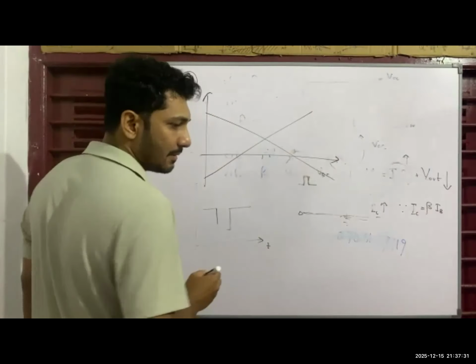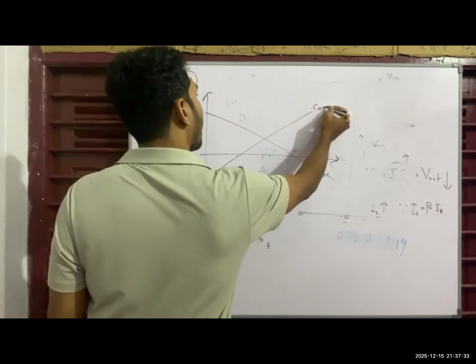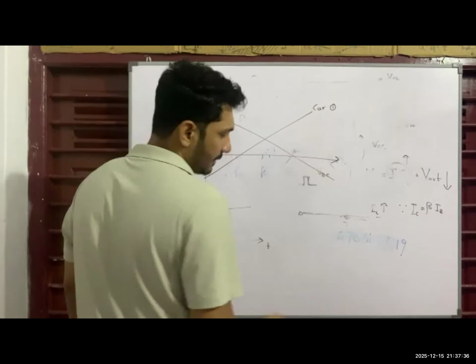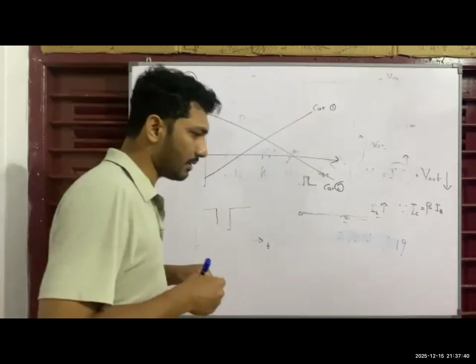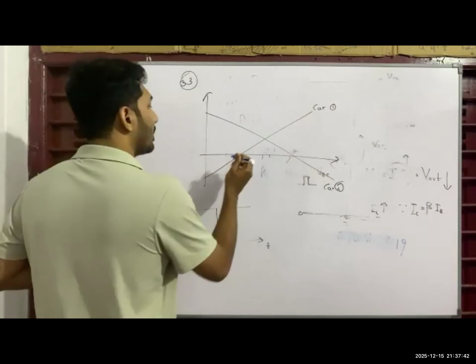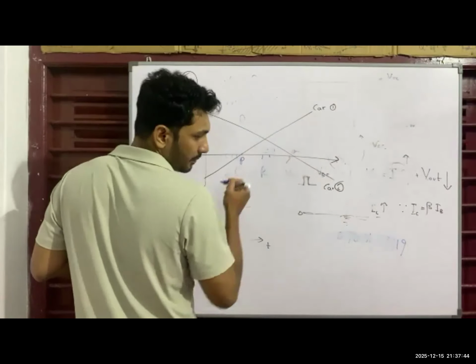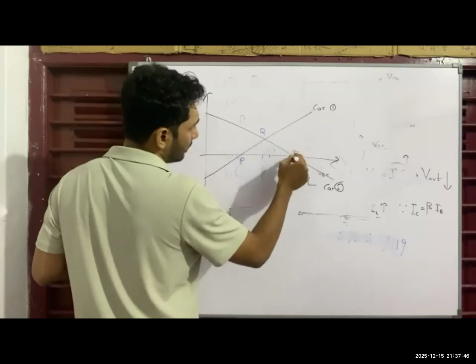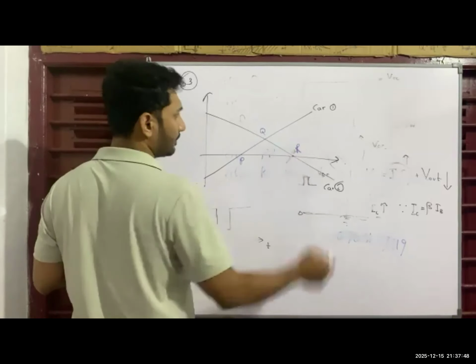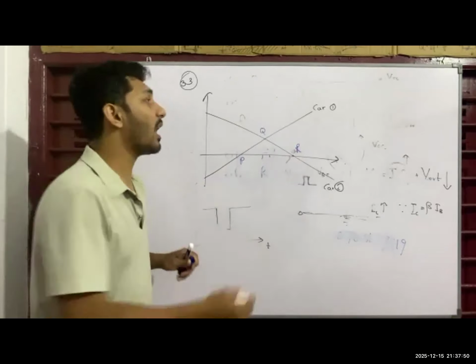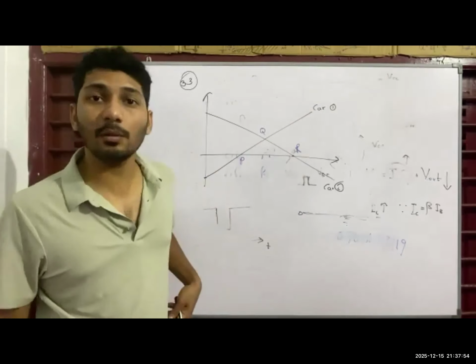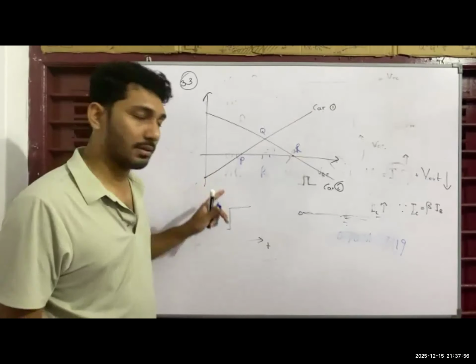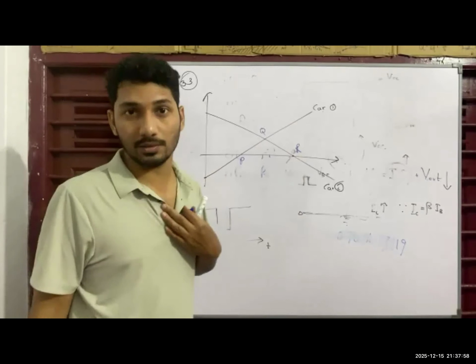So this is basically for part 1, and this is for part 2. The points are P, Q, and R. You can see that car 1 starts its displacement from the negative side, which means the right side is the positive direction.